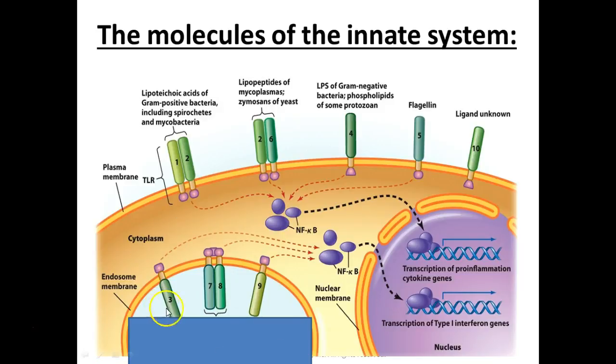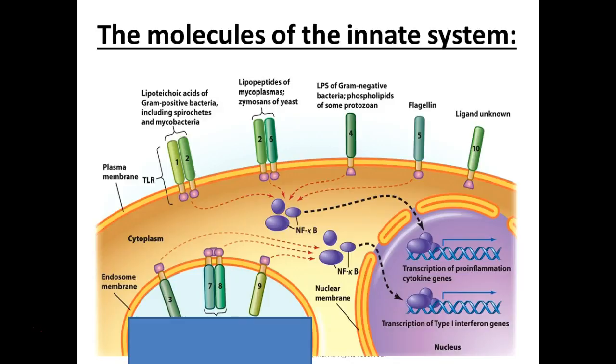Now notice there's a group that are inside the cell within a vacuole, what we call an endosome. In general, what are these detecting and why are they on the inside instead of on the plasma membrane? In general, when you read those descriptions, what are we talking about? Viruses, right?